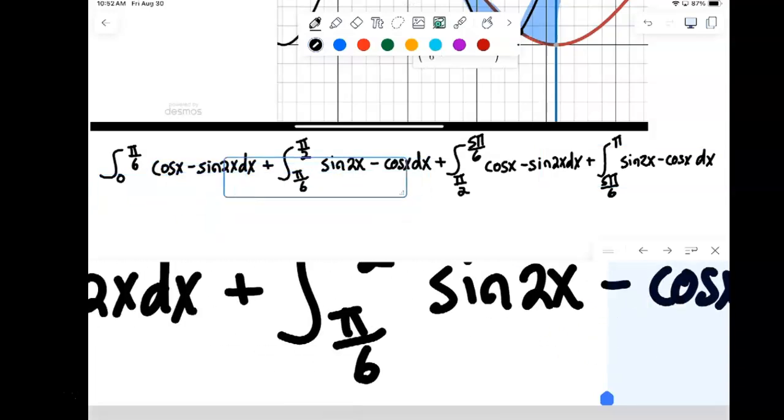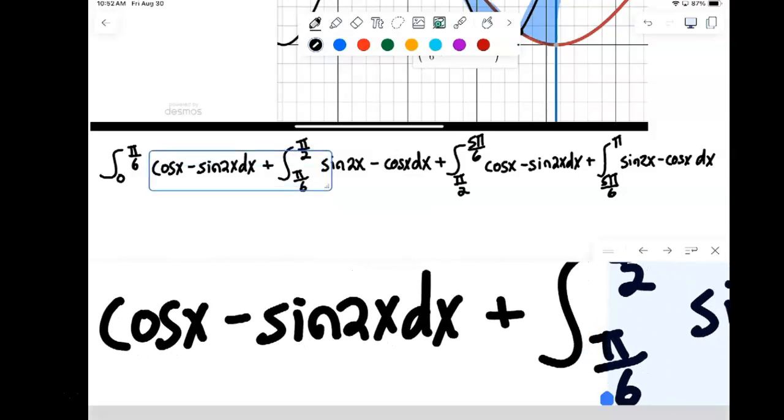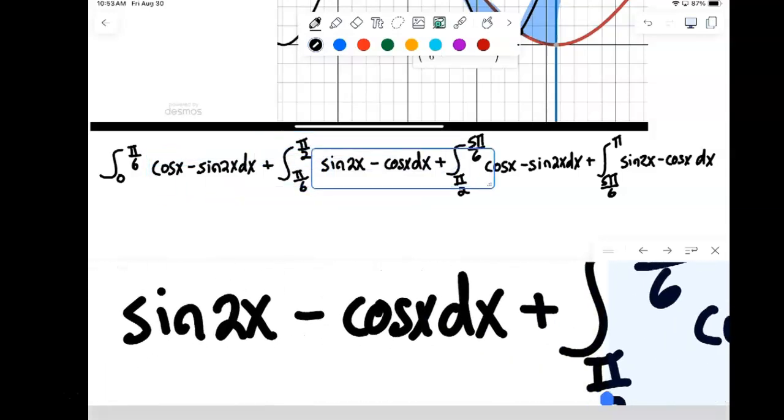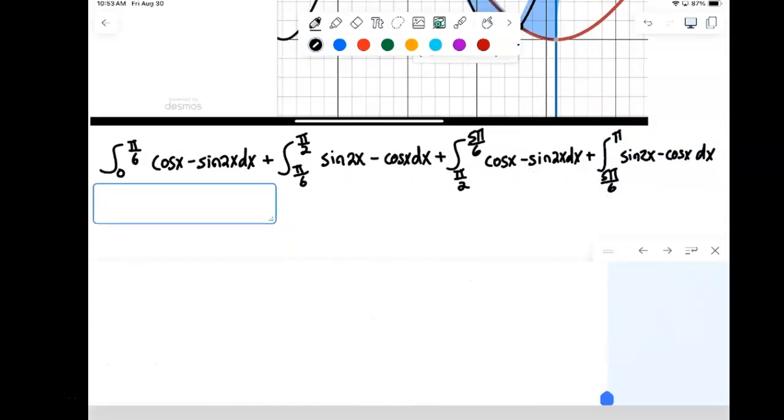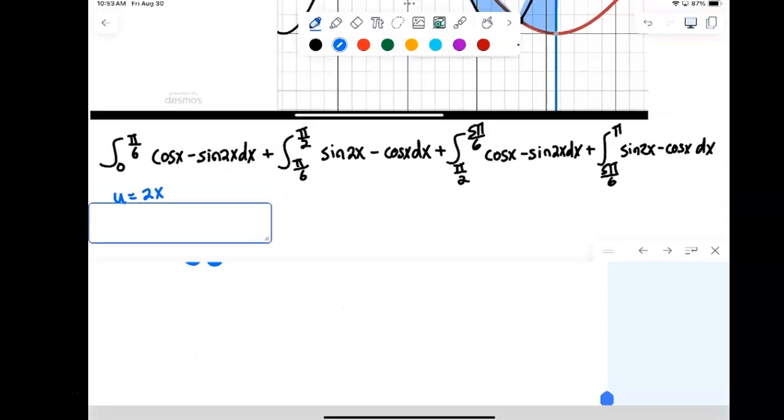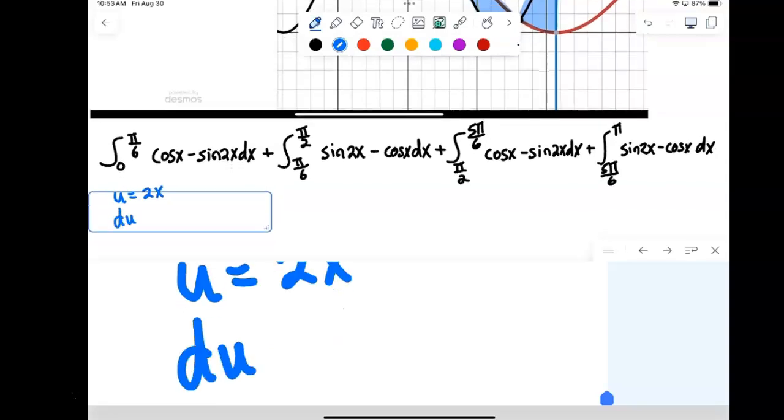Now, for every one of these integrals, cosine, we can do its integral, no problem. But all 4 of them have a sine 2x in there. So for the sine 2x part, we are going to have to do a substitution. U equals 2x. du is going to call for a 2 to go with my dx.